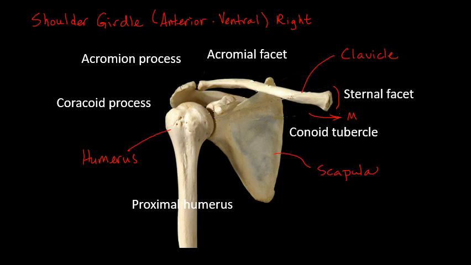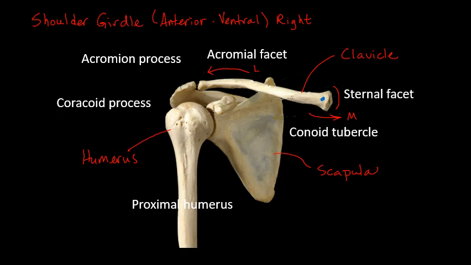So we don't see the sternum. So this particular area right here, I will use some blue, that's the sternal facet. If we begin to move laterally away from the medial aspect or the sagittal section of the body, we get to the area that the clavicle articulates with the scapula.